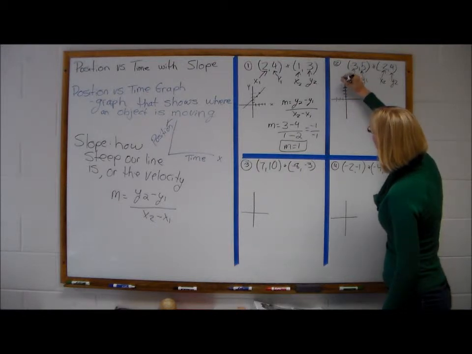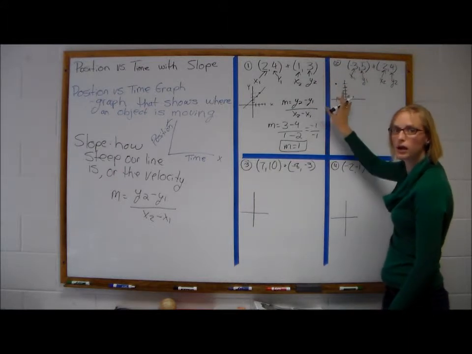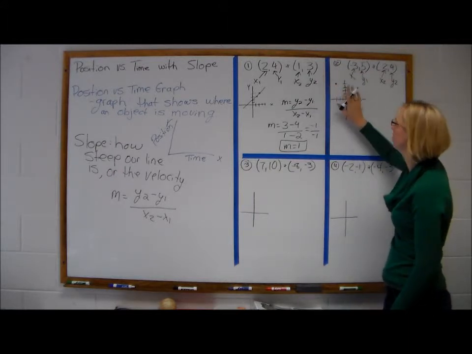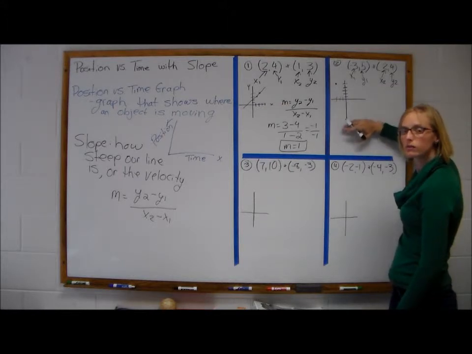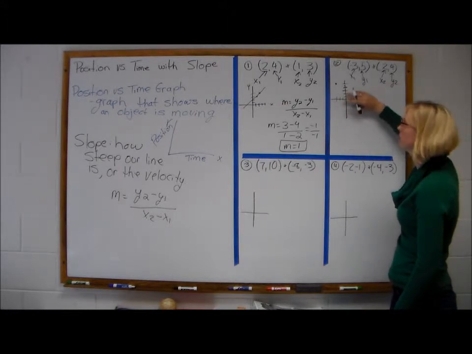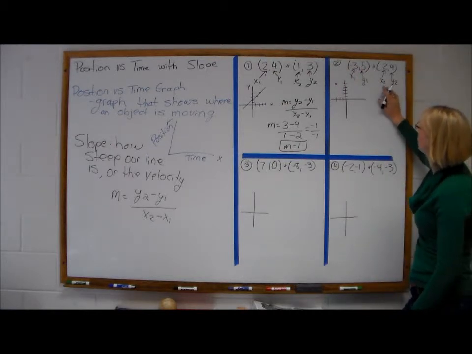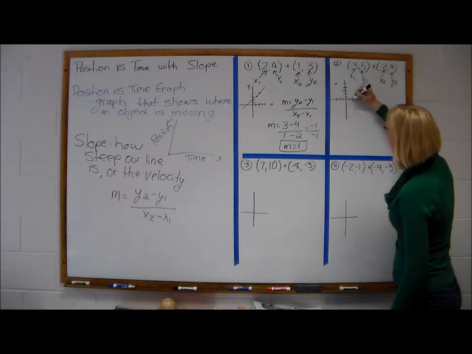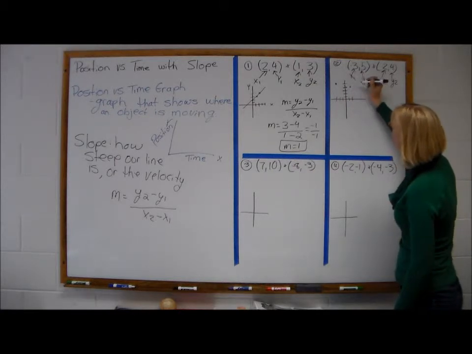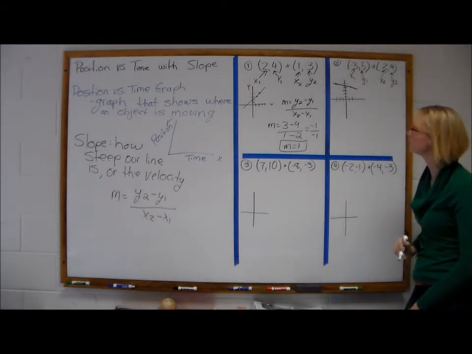So our first stop is going to be here. This left side of our line is negative. This side is positive. Below our x-axis is negative. Above it is positive. Our second one was 2, 4. So we go over 2, up 4. We're going to draw a line to connect our dots.